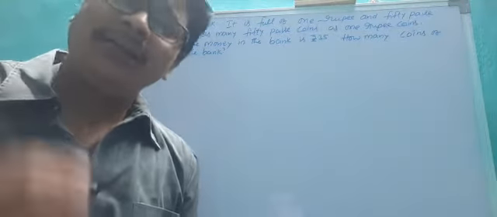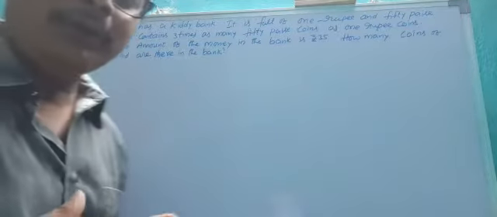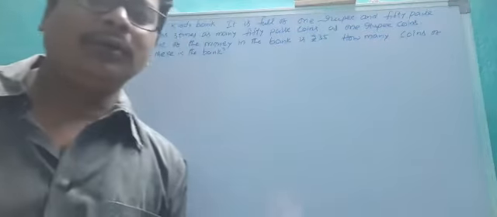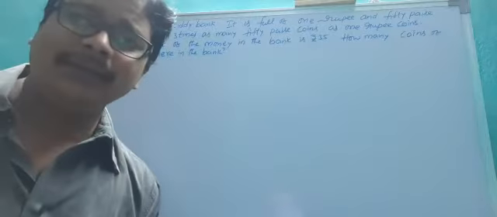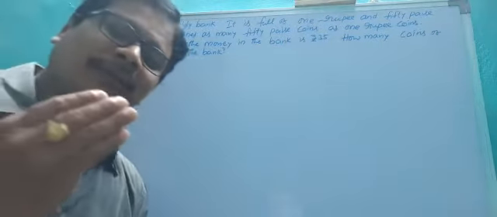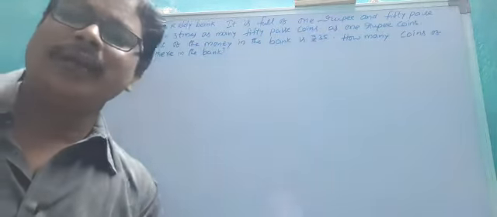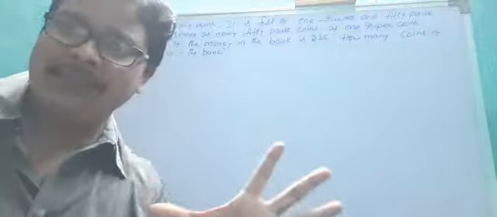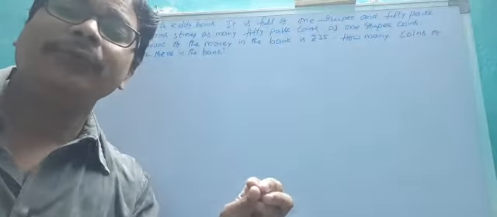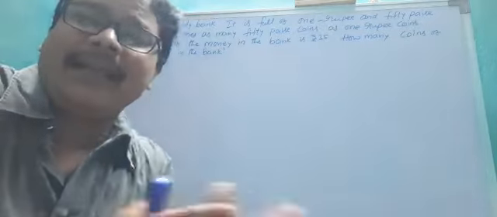How to solve? Very simple question, but listen carefully. Do you know how many 1 rupee coins are there? We don't know. Do you know how many 50 paisa coins are there? We don't know. Let us take them as unknown quantities. Instead of unknown quantities, you have to take variables. Instead of the number of 1 rupee coins, let us take a variable like x.